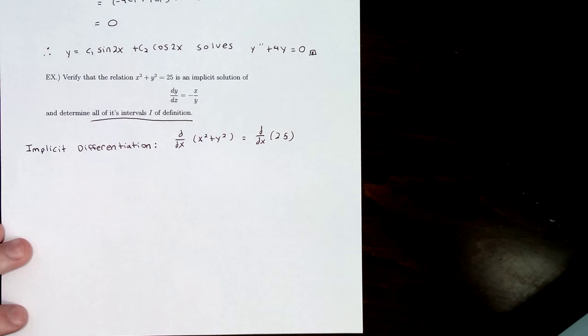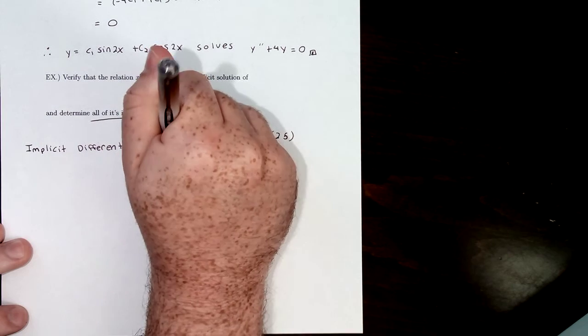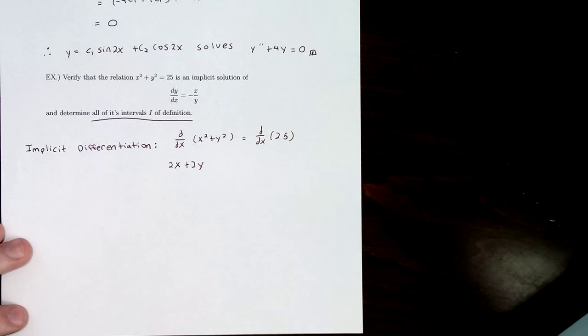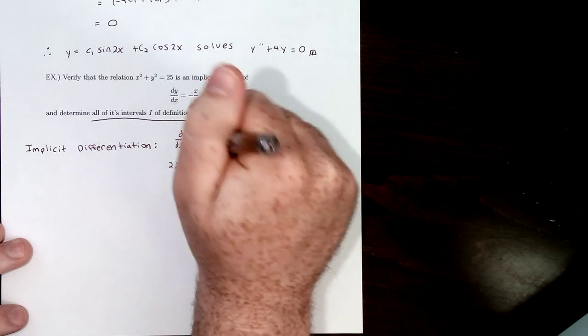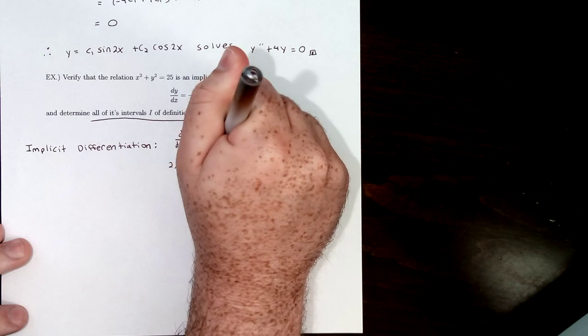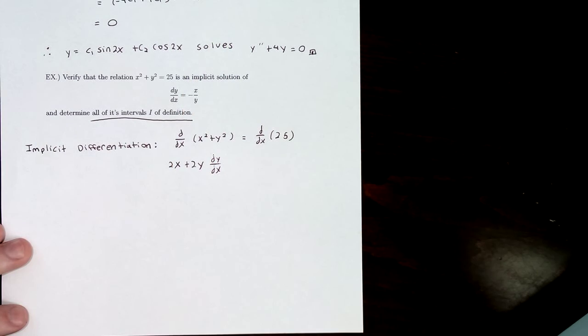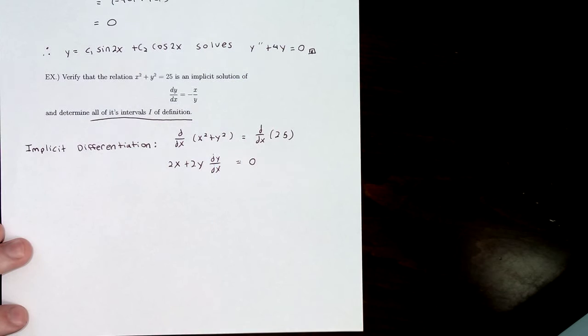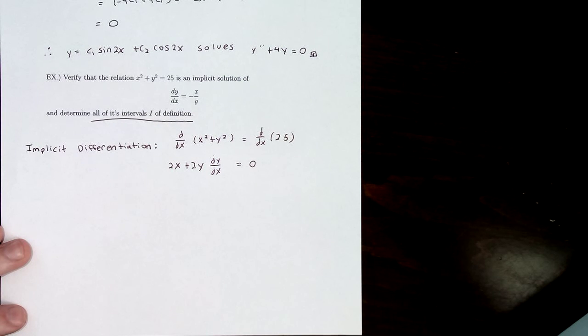And now we'll take the derivatives of both sides with respect to x, so for the first part, we have 2x plus 2y. Now we're going to use the chain rule here because y is a function of x, so we have to do 2y times dy dx. And then the derivative of 25, that's quite easy, that's just 0. Next, we'll go ahead and do some simplifications here.